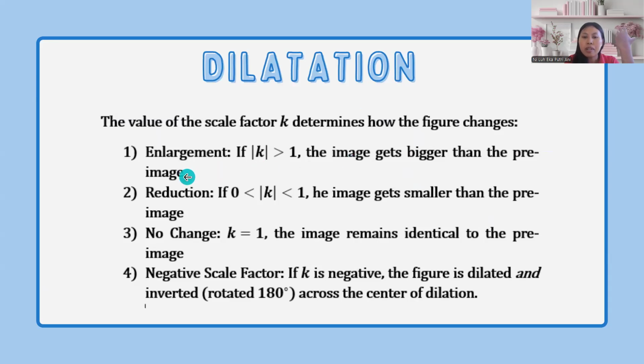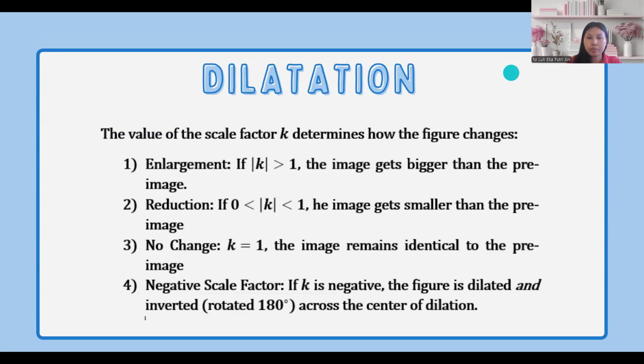First, enlargement. If the absolute value of k is more than 1, the image gets bigger than the pre-image. Two, reduction.